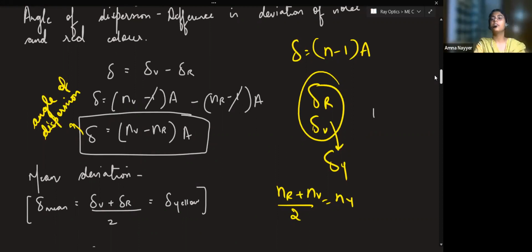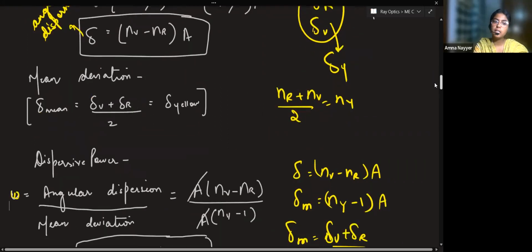If you take the difference, that gives you the angle of dispersion. If you take their mean, that gives you the mean deviation. The mean value of del R and del V gives you the mean deviation.